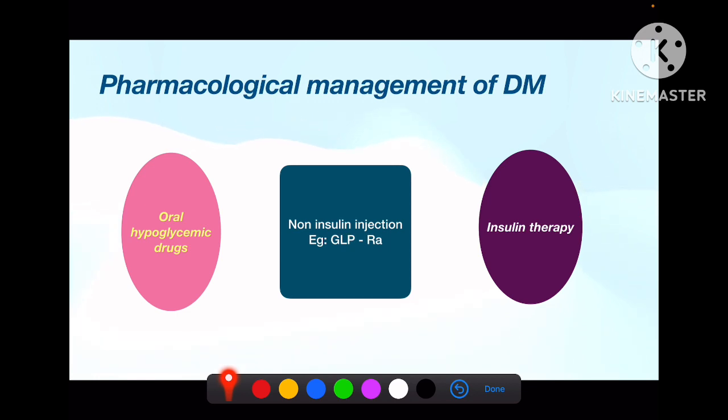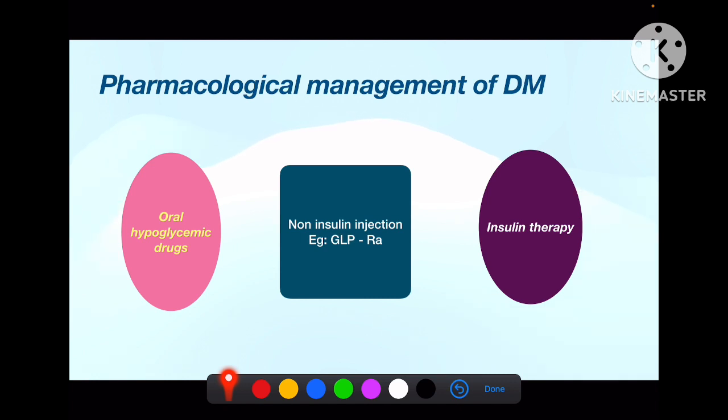Right? So the pharmacological management of DM, you can divide into three categories. One is your oral hypoglycemic drugs. The other one is very new drugs, but the cost is so high, and oral administration is also not available.